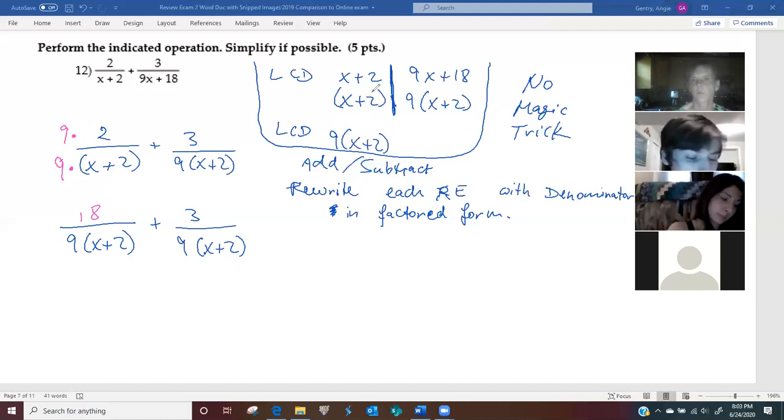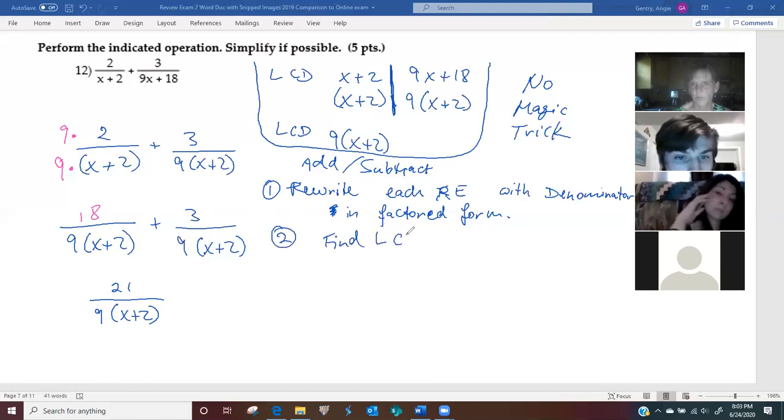And then you're allowed to go across. So this is a pretty basic one. I'm hoping we'll get one more that's a little more involved. But 18 plus 3 is 21 over 9 times x plus 2. So you rewrite each with the denominator in factored form. That's step 1. Step 2, find the LCD if you need steps.